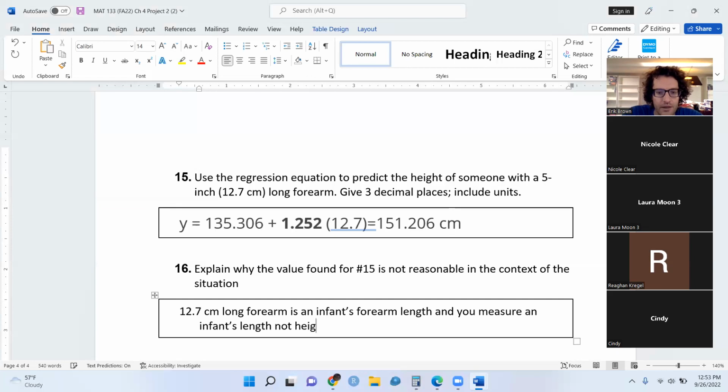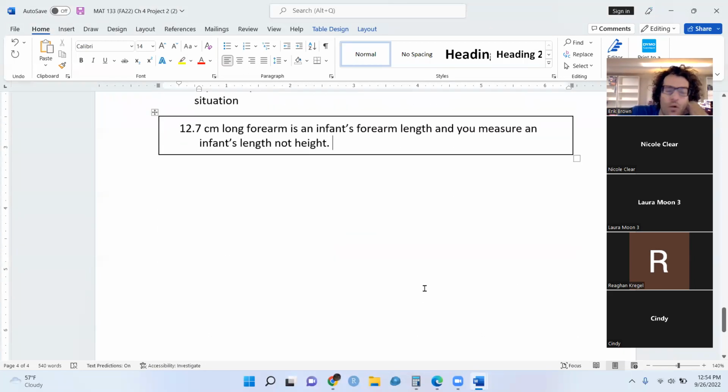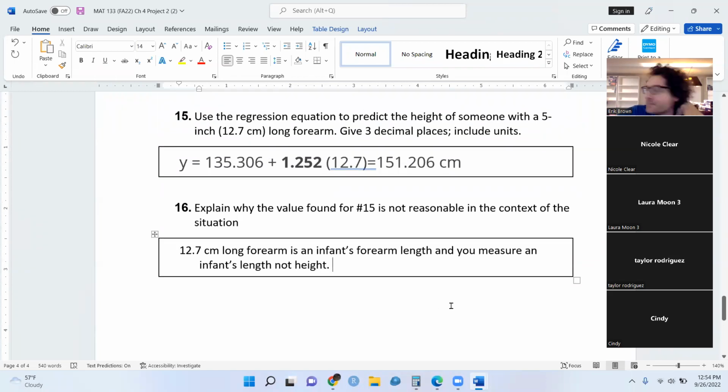Because if you don't have kids, you might not know that. They don't try to stand your baby up against the wall and then measure them. They stretch them out on a little piece of paper and make marks on it. That's how they measure how long your baby is, to track your baby's growth until they can actually stand on their own two feet. And it's wildly inaccurate.